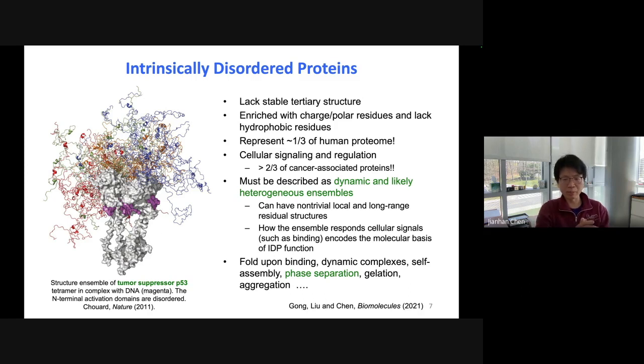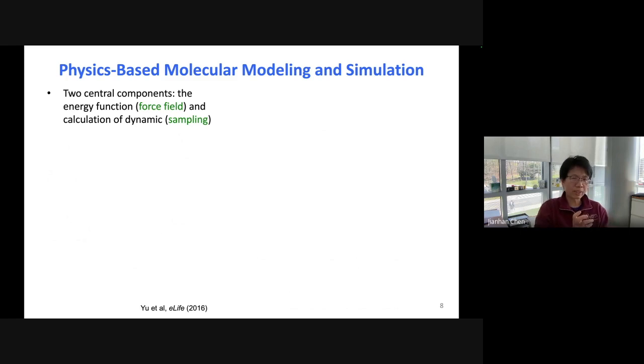As you can imagine, these are also really complex proteins to describe computationally. As I mentioned, molecular simulation and modeling are really critical if we want to understand all these nuances and the specific details of phase separation and how phase separation mediates function.